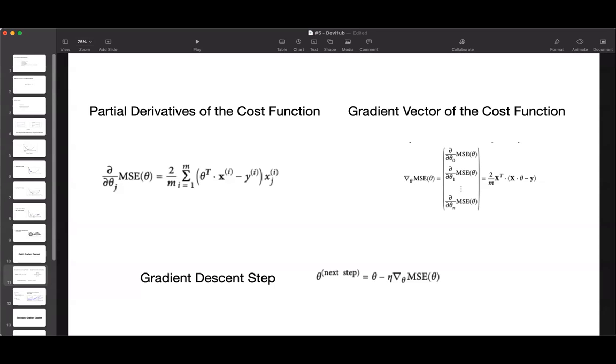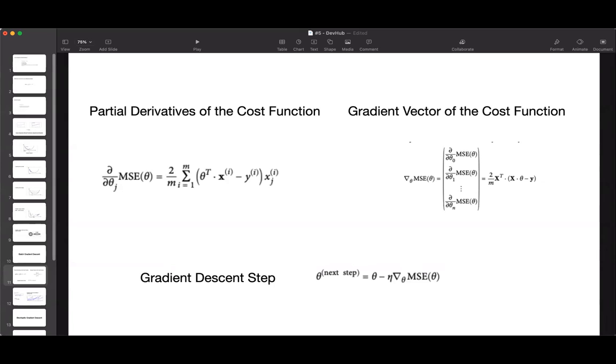The theta, you actually know what is theta. It is the model parameter. So when you are subtracting this gradient vector from the theta, another thing comes into play, which is known as eta. Eta is also known as the learning rate, the rate at which the model is learning.